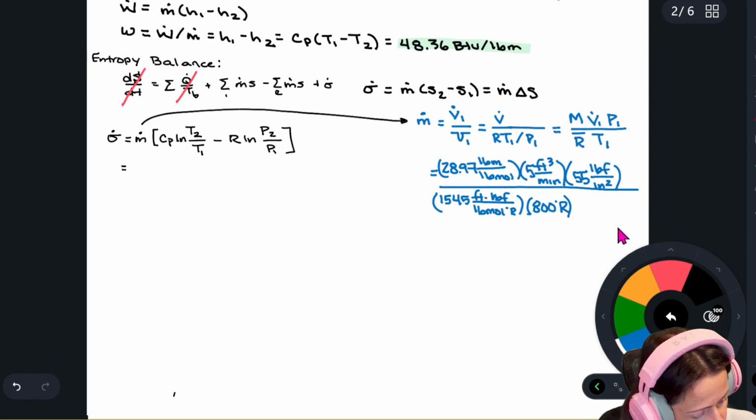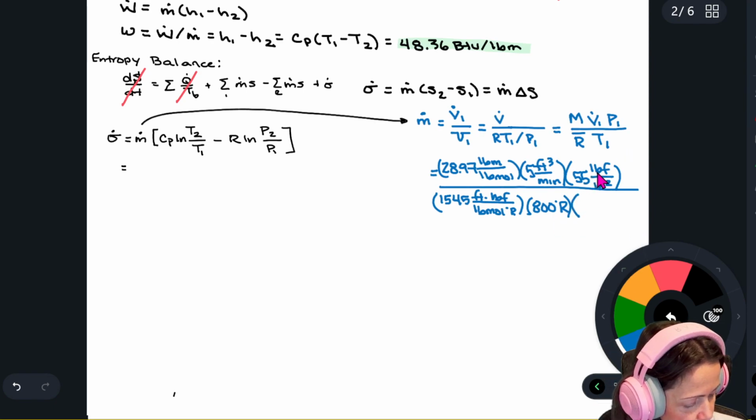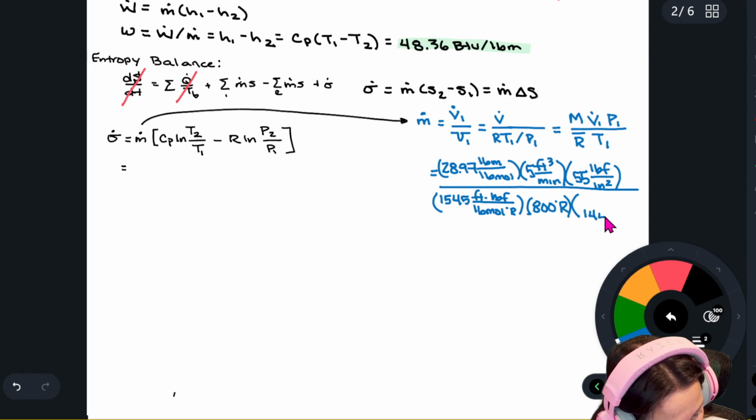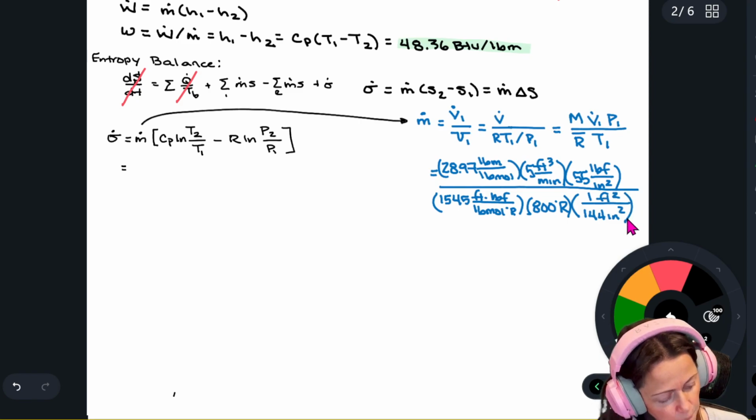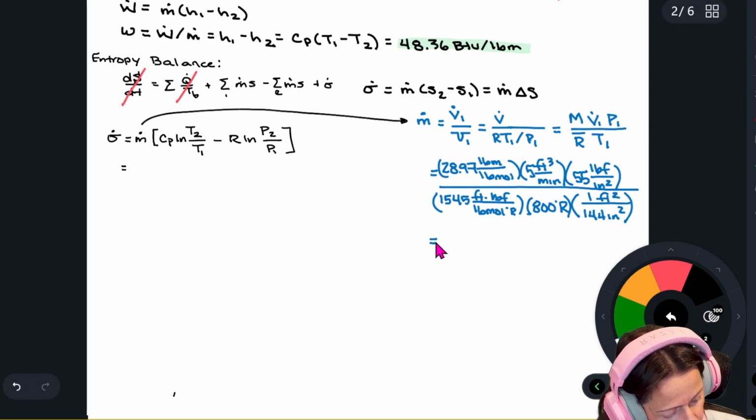And actually looking at it, I think I just have the feet and the inches to reconcile. So I've got 144 inches squared down here, 1 foot squared down here. I think that should work out.